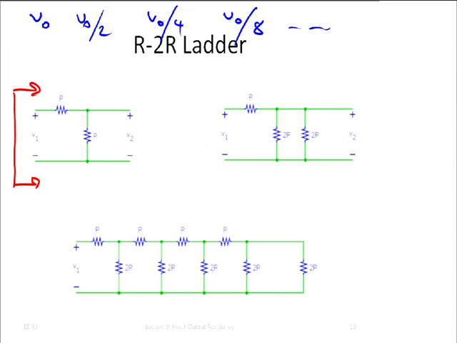So the input resistance is 2R. So if we want to connect another one of these, what we are really connecting to the next one is a resistance 2R. What we did before was we connected that extra resistance, but we want that zero current flows here.